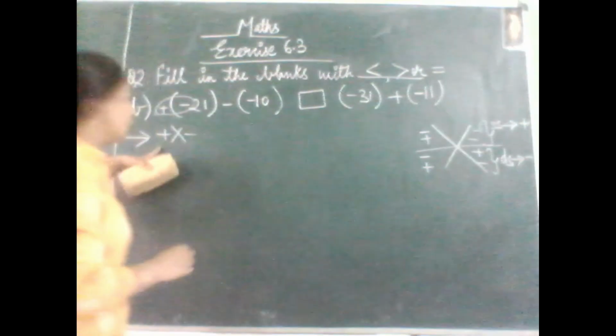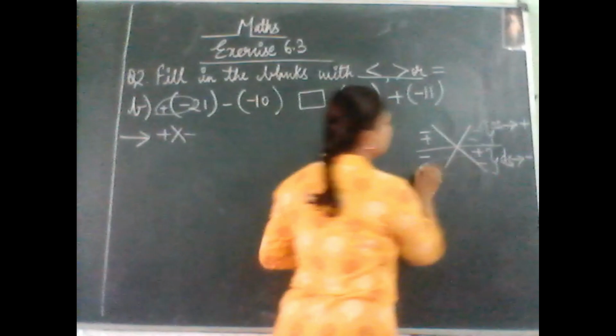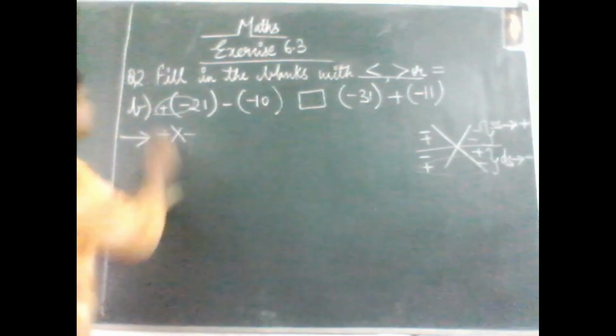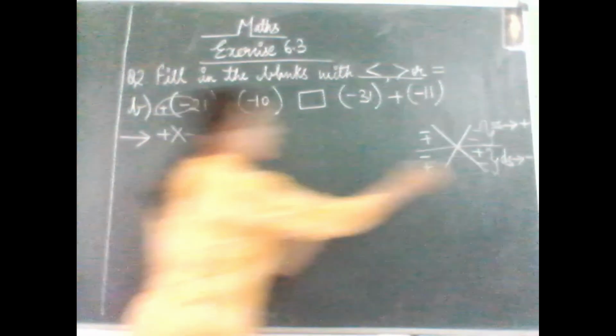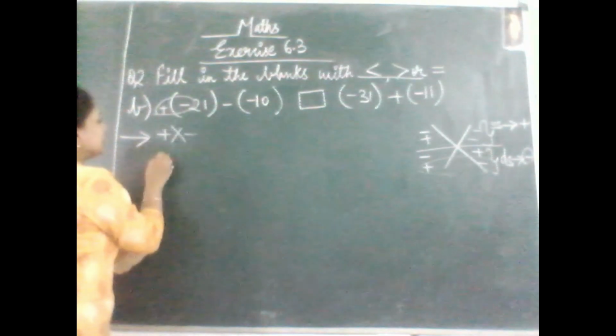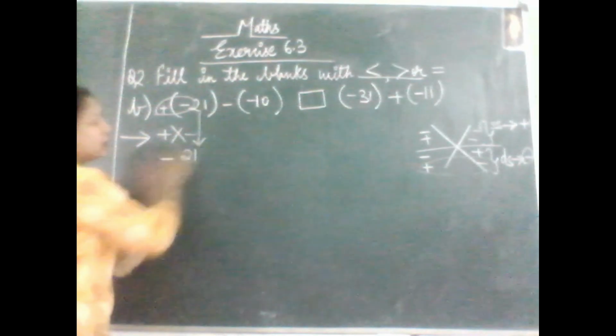Here, which rule will we follow? Plus into minus, that is a positive integer multiplied by a negative integer. So instead of this we will put a minus sign. Plus into minus, change it, write down the minus sign. This number, bring it down.